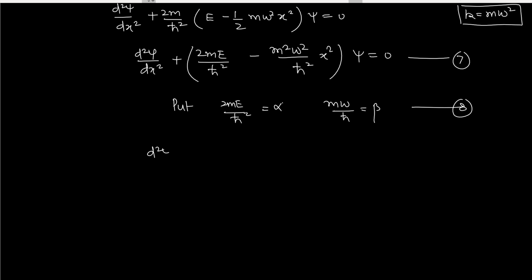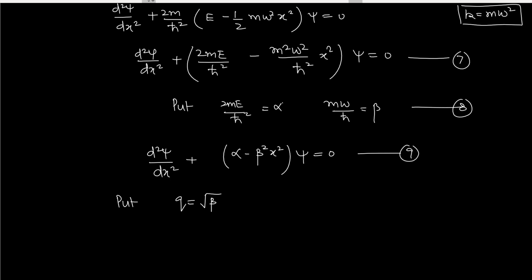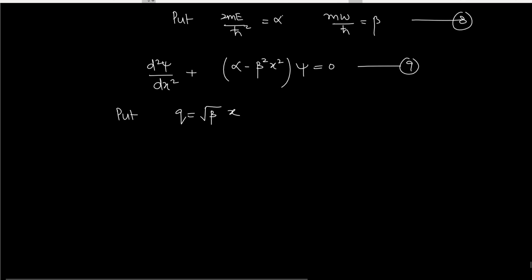So the equation will reduce to alpha minus beta square x square psi equal to 0. We mark this as equation number 9. So if we put q equal to root beta x, we need to find d psi by dx, which is d psi by dq into dq by dx.